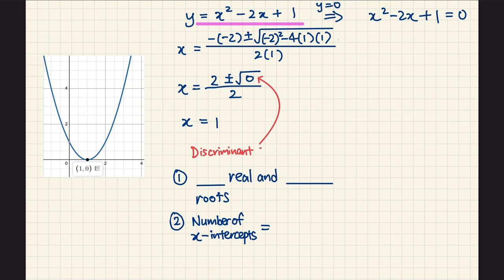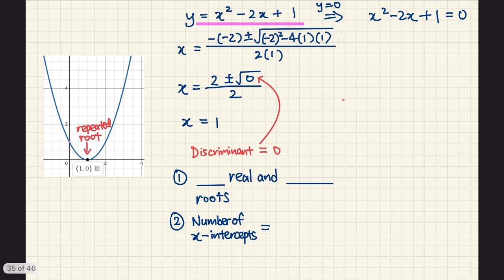So discriminant equals 0 means we only see one real root. In this case, this is a repeated root.